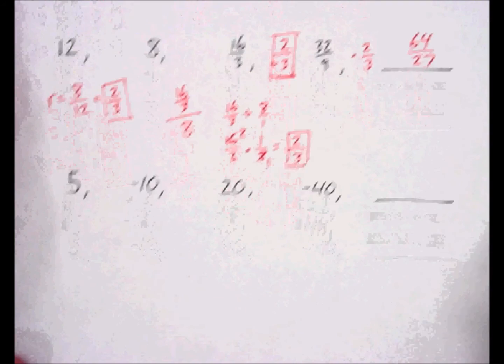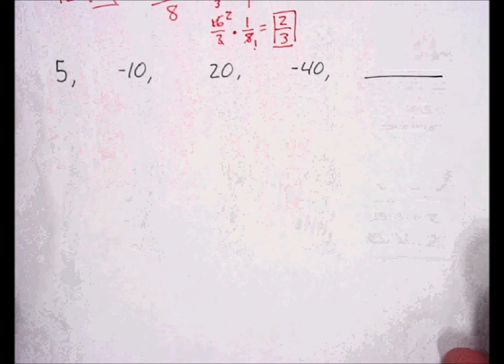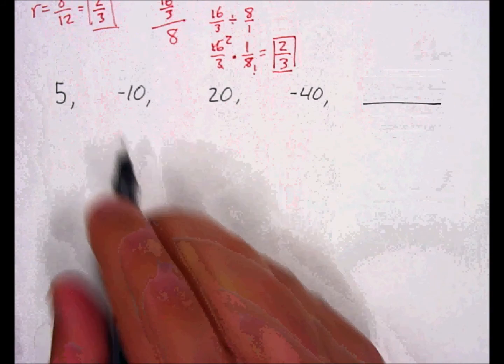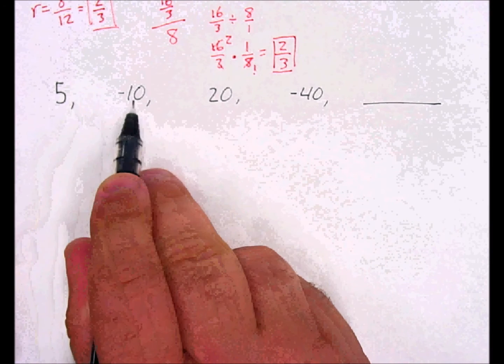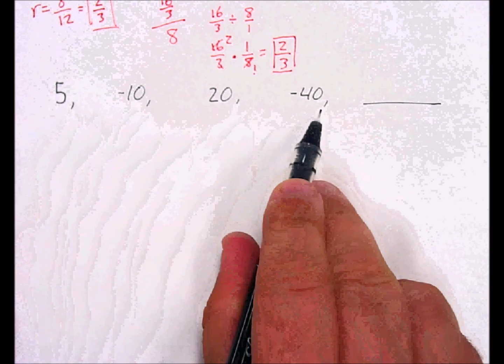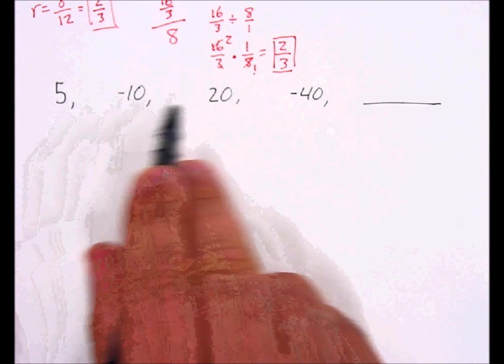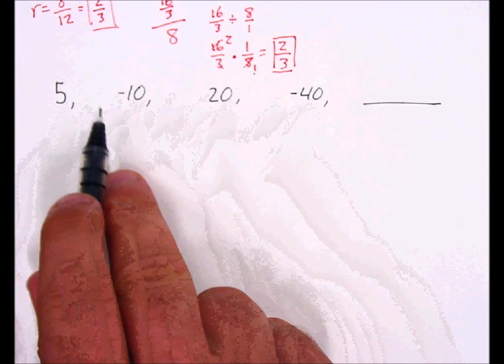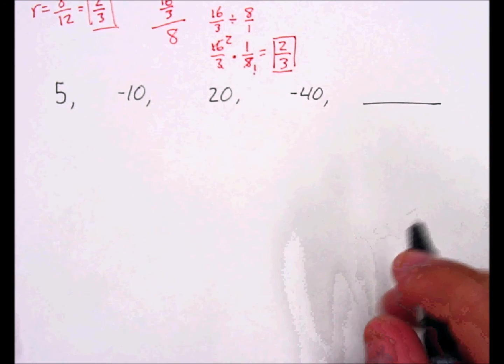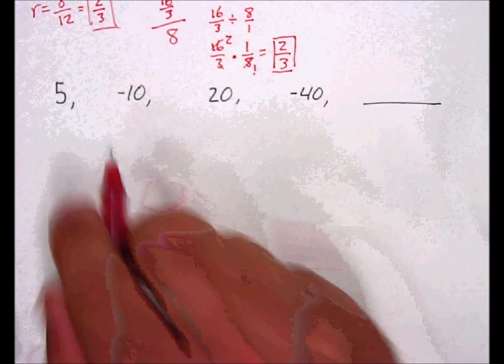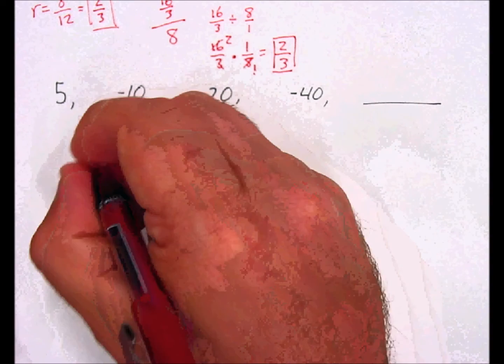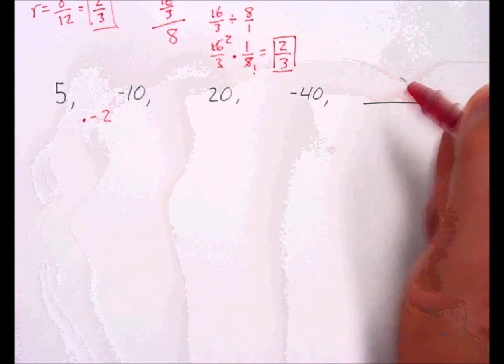Okay, so let's look at our last one here. And you might just notice it's doubling, kind of. I have positive, negative, positive, negative. So you want to be careful here. What's it actually multiplying by? 5 times what would give me a -10? I'm going to have to go times -2.